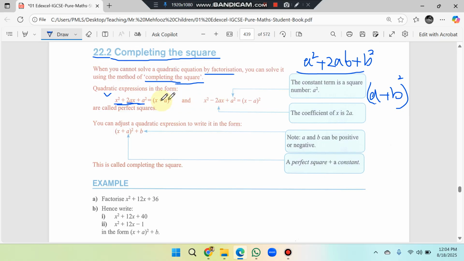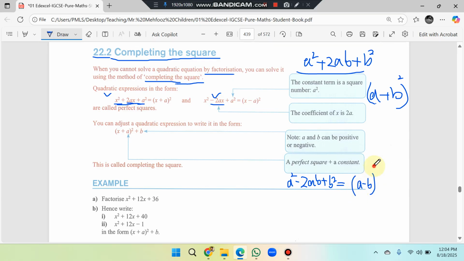Again, if we have a negative sign with the central term, that is 2ax, then we have another formula, that is a square minus 2ab plus b square. Then we have the formula to close these terms, that is a minus b whole square.